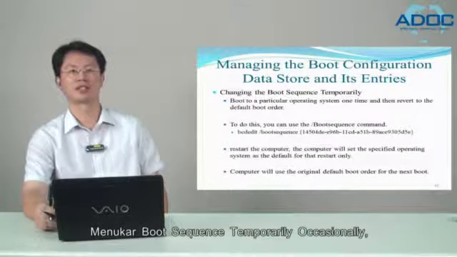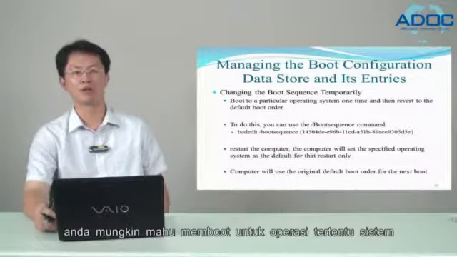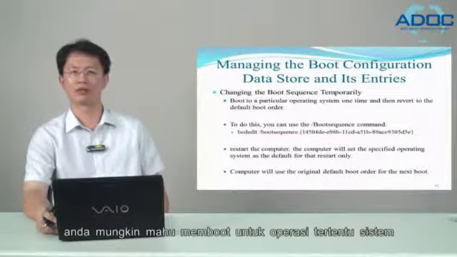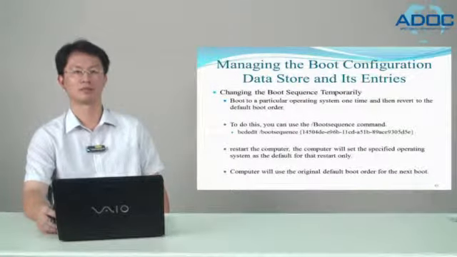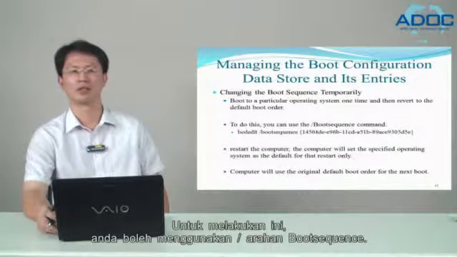And changing the boot sequence temporarily. Occasionally, you might want to boot to a particular operating system one time and then revert to the default bootloader. To do this, you can use the /bootsequence command.